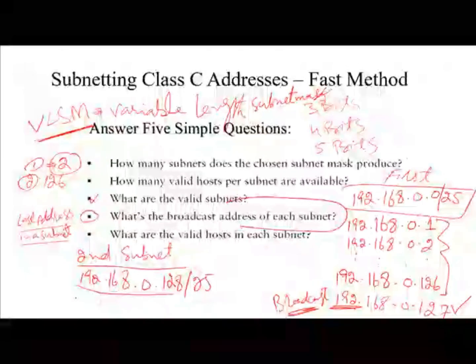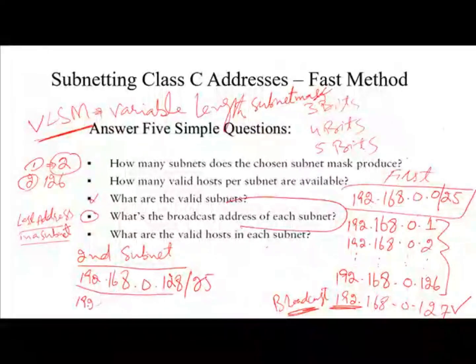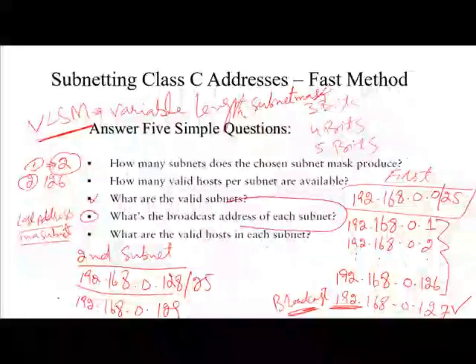Then the first assignable address will be 192.168.0.129, and the last assignable will be what? Calculate it.